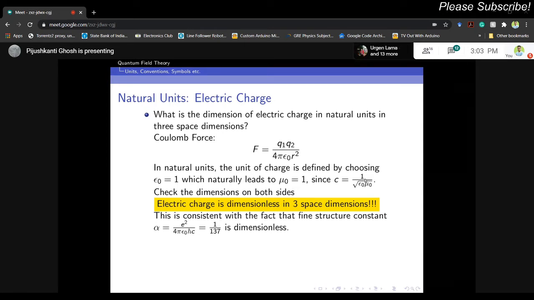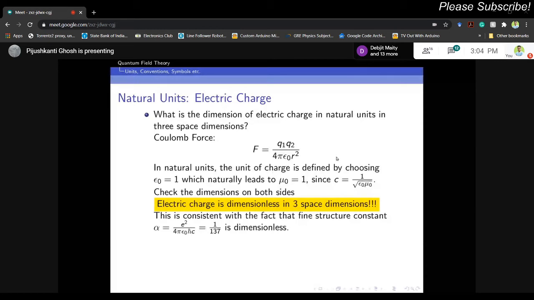And as you can see, the velocity of light is equal to 1, which you have chosen in natural unit. We are also choosing epsilon naught equal to 1, then permeability mu naught must be equal to 1. Now with this choice of epsilon equal to 1, you check the dimension on the left hand side and the dimension on the right hand side. You know the dimension should be identical on both sides.